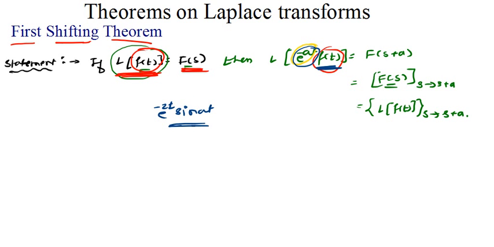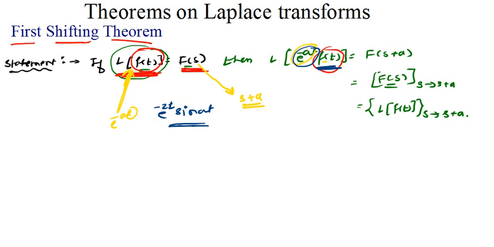If you insert e raised to minus at here, then in the right hand side, s will get replaced by s plus a. This a is the coefficient of t.